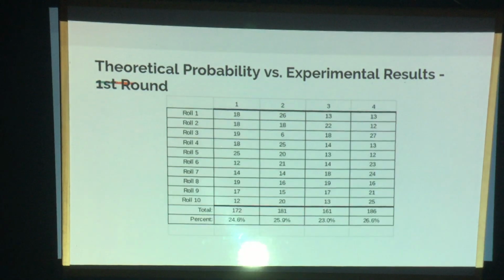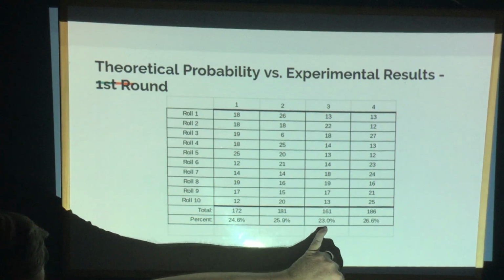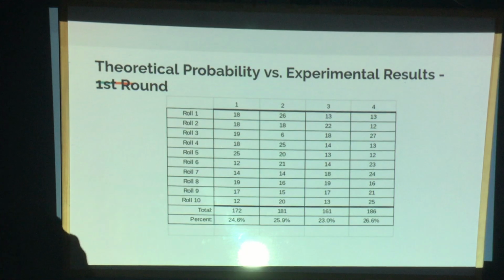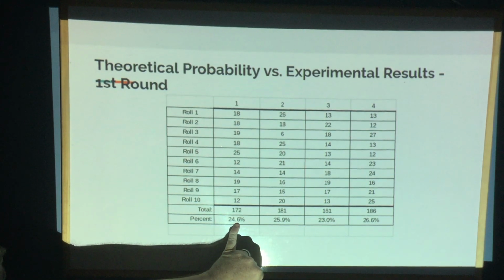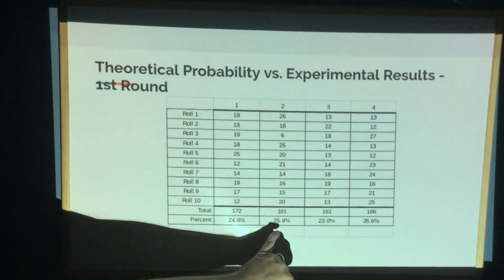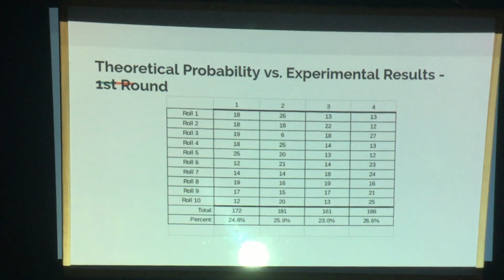So let's look at our percentages. 24.6, 25.9, 23, 26.6. So only one of them is less than 0.5% away. It's 24.6. It's 0.4 away. This is 0.9 too big, 2% too small, 1.6% too big.